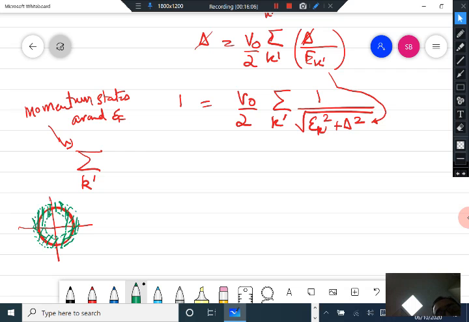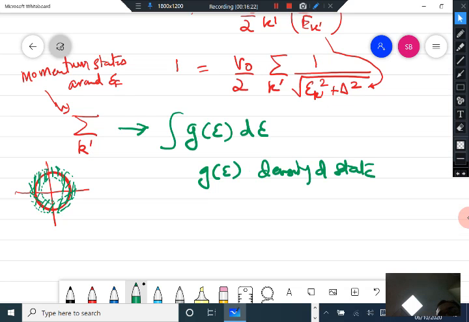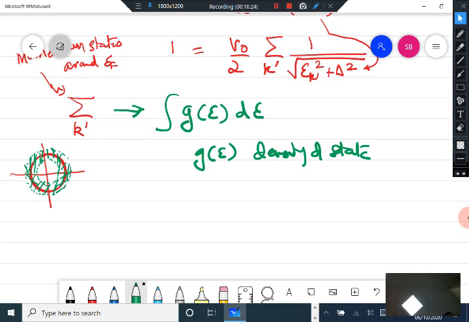Now summation over all this, you take it as an integral of g of E dE, where g of E is the density of states. The summation over k is the integral g of E dE.